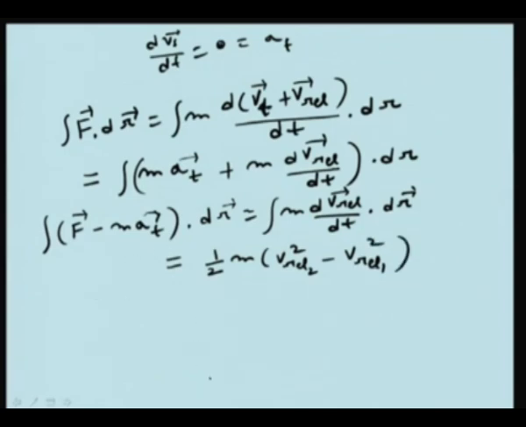Thus, the work energy theorem in the case of a non-inertial frame can be applied provided you replace the force by the effective force, that is F minus m at, where at is the acceleration of the frame, and then in this case it will be v relative 2 square minus v relative 1 square. These are the relative velocities.